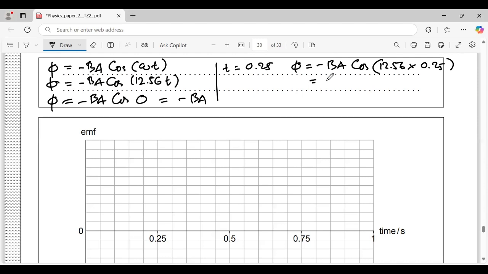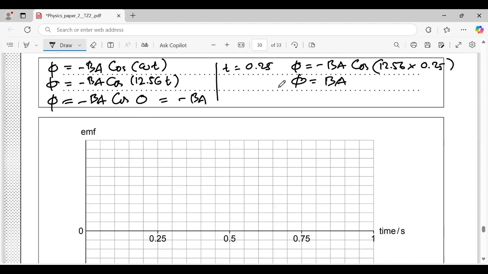Sorry, the result I have calculated is 12.56 times 0.25, which is 3.14, so it means cosine pi. Cosine 180 is minus 1, so it becomes positive BA.